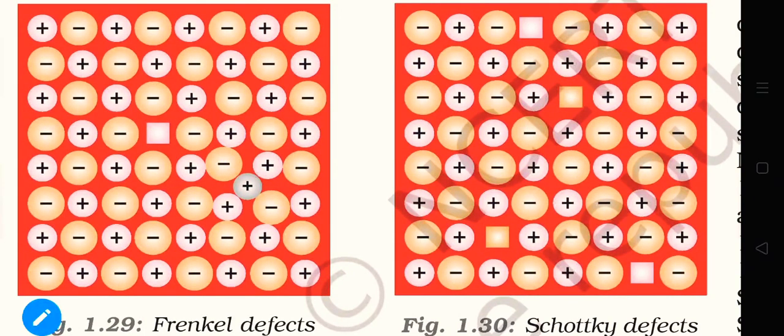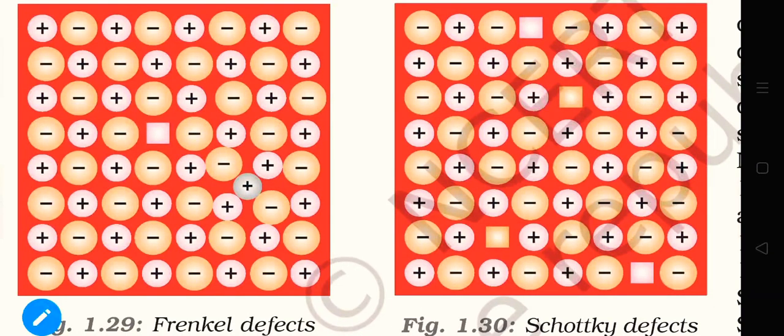Compounds which have comparatively less difference in the ionic radii of their positive and negative ions show Schottky defect. For example, NaCl, KCl, CsCl or AgBr have comparatively less difference in their ionic radii. That's why they show Schottky defects.